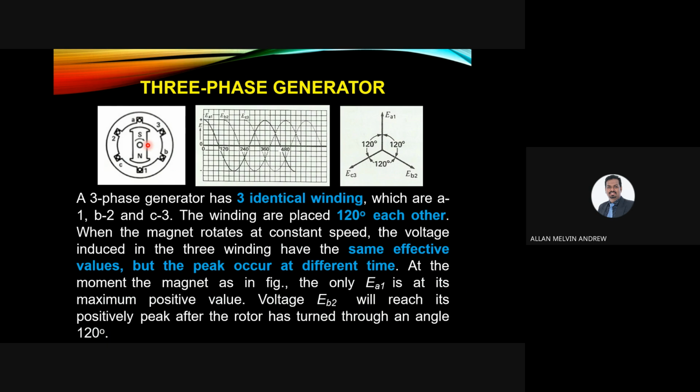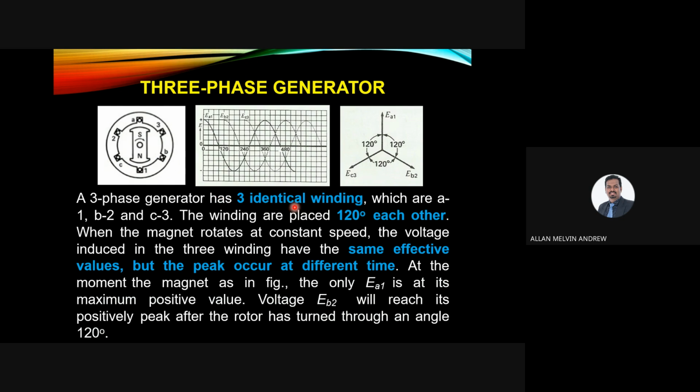For two phase we saw it has A1 and B2. For three phase it has A1, B2 and C3. So it has three. Earlier it was out of phase by 90 degrees, so now it is out of phase by 120 degrees.